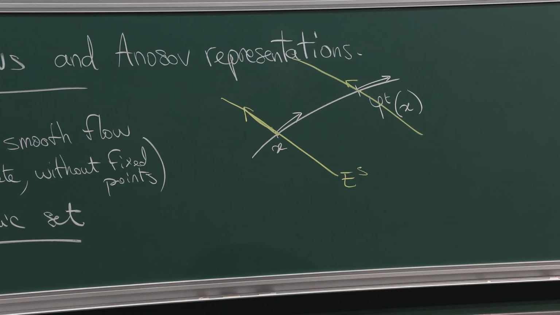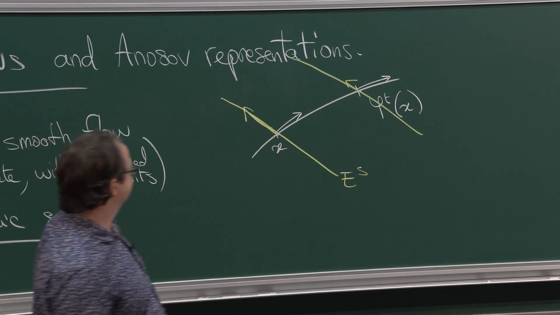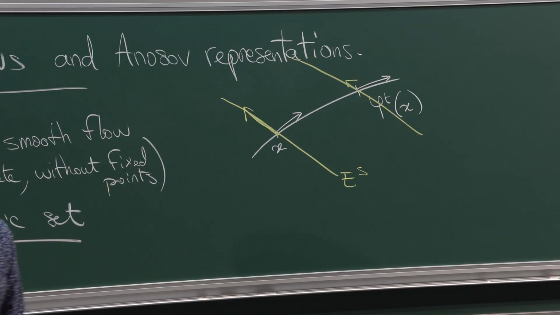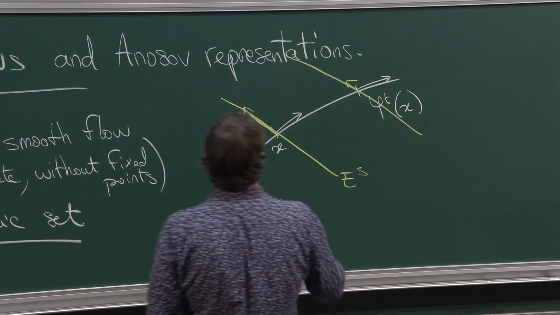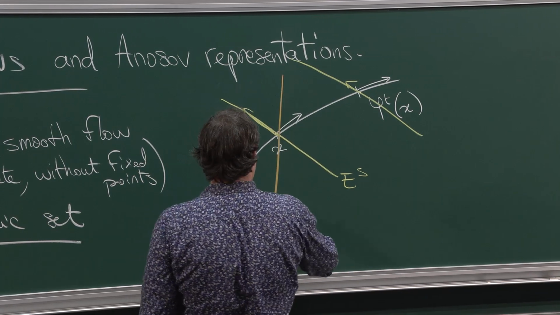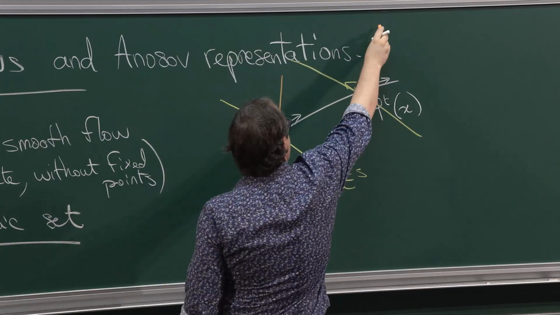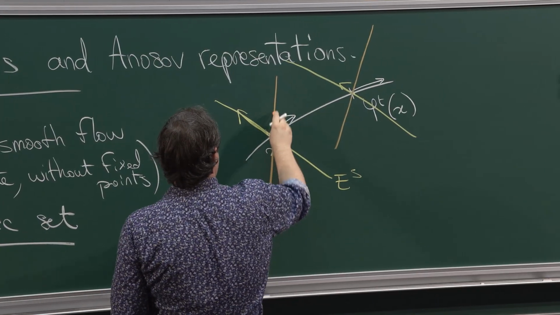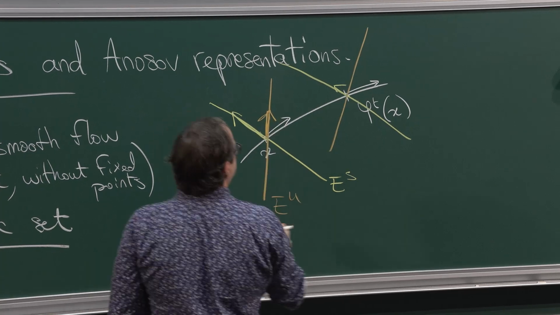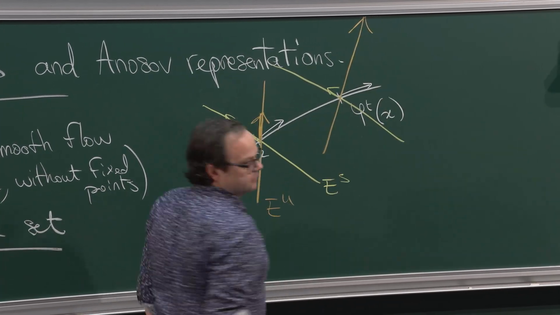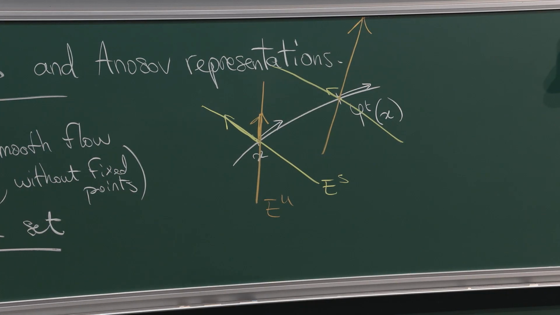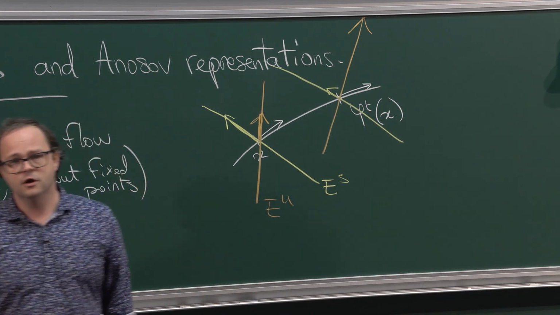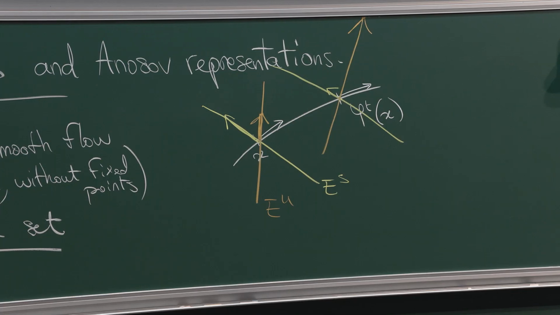So there will be another tangent direction called EU, where, on the opposite, if you start with a vector in this direction, it will tend to become very long. Okay. So it's typically what we want to call chaotic dynamics, which is like in different directions, you'll have very different behaviors of the flow, but on an infinitesimal level, right, on the level of tangent vectors.